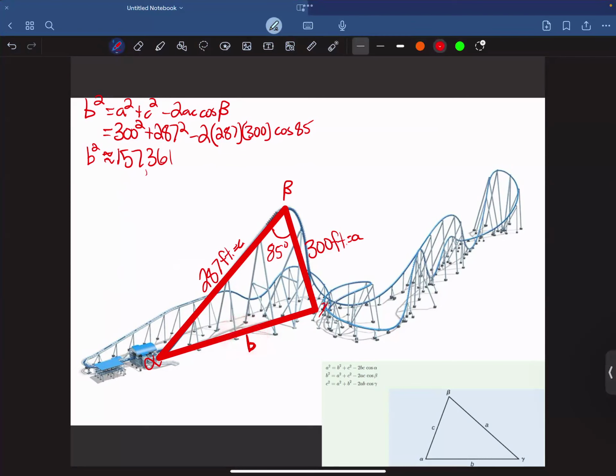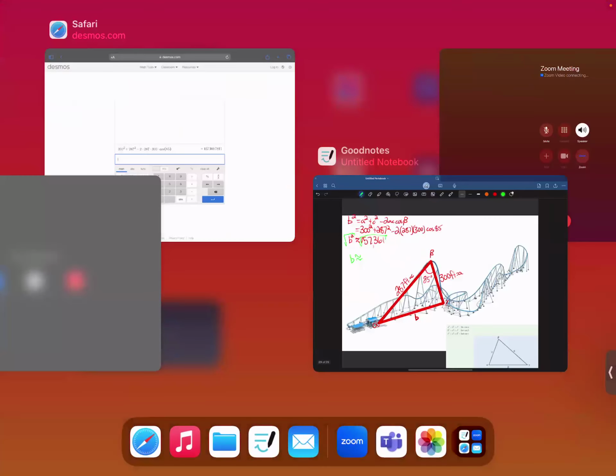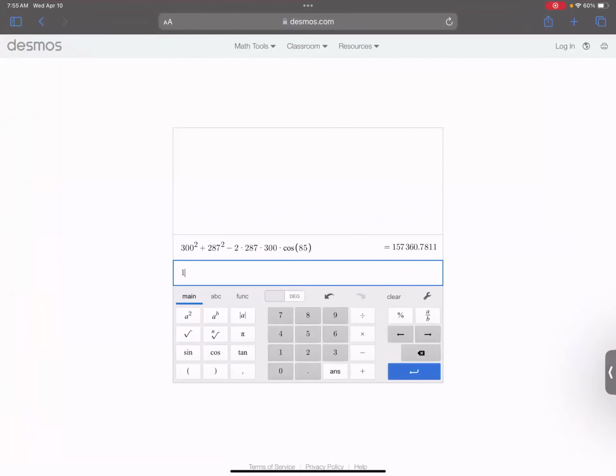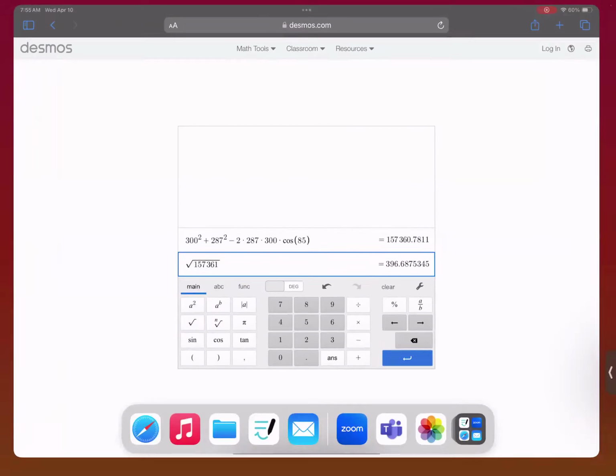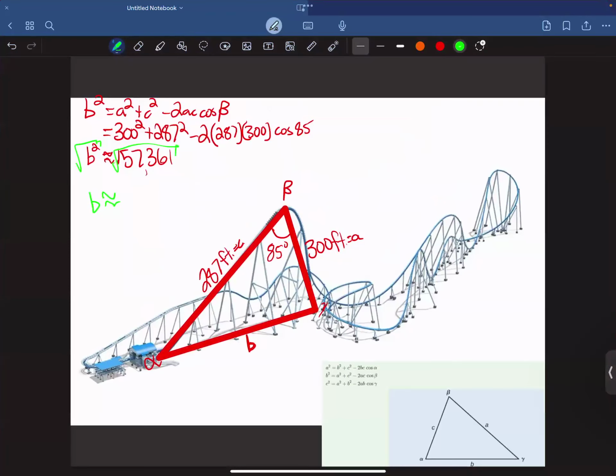Well, how do you simplify something that's been squared? You take the square root. Take the square root of both sides, and you're going to get b is approximately 397 feet.